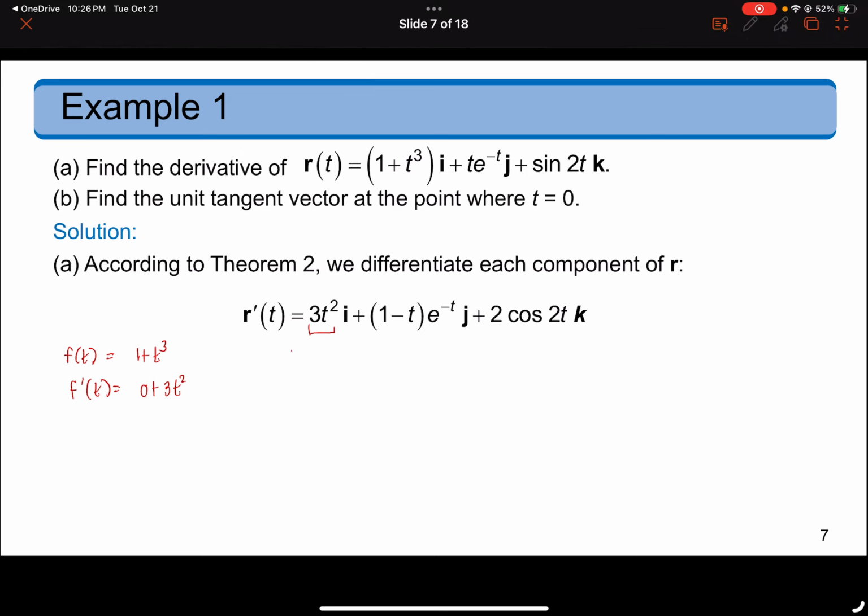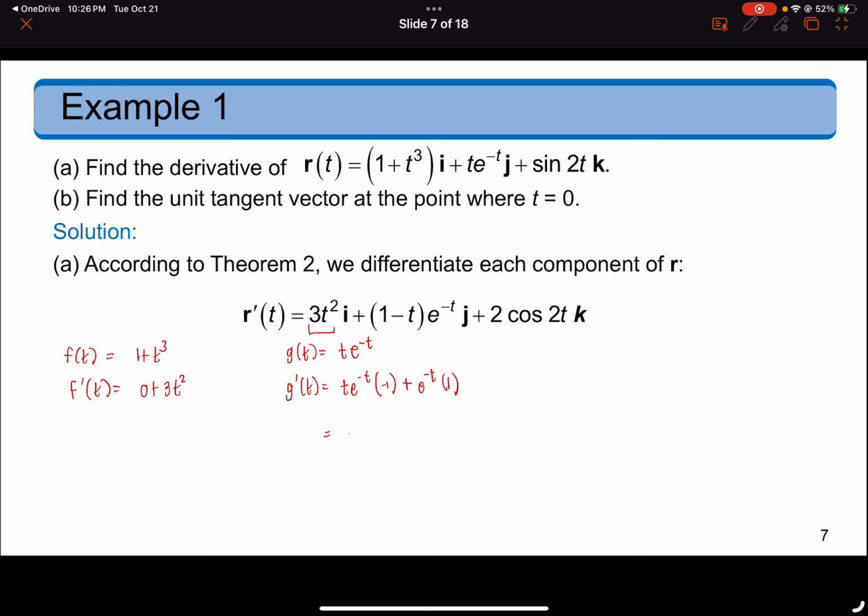For the second part, g of t, which is t e to the negative t, so g prime of t is the derivative of a product, t e to the negative t times negative 1 plus e to the negative t times 1.